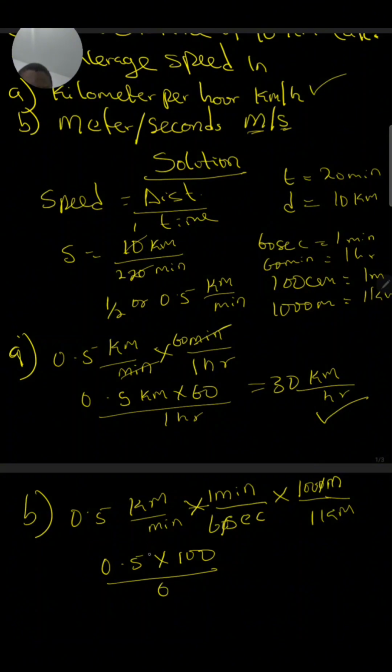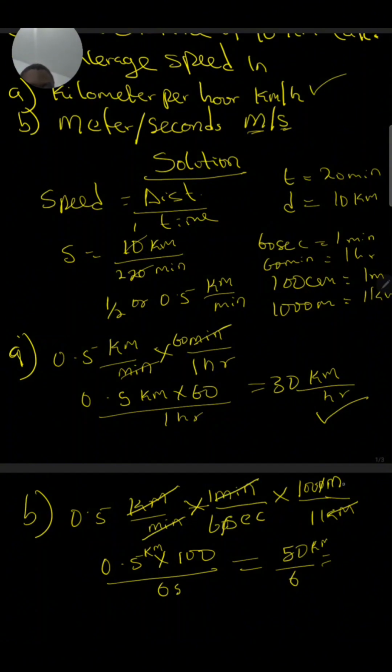Now you know this 0.5 has kilometer here. You should be careful of the unit, please. And this is half seconds. Now, what's 0.5 times 100? 0.5 times 100 simply means half times 100, which is 50. Now, this kilometer will cancel this kilometer, and minutes will cancel minutes.